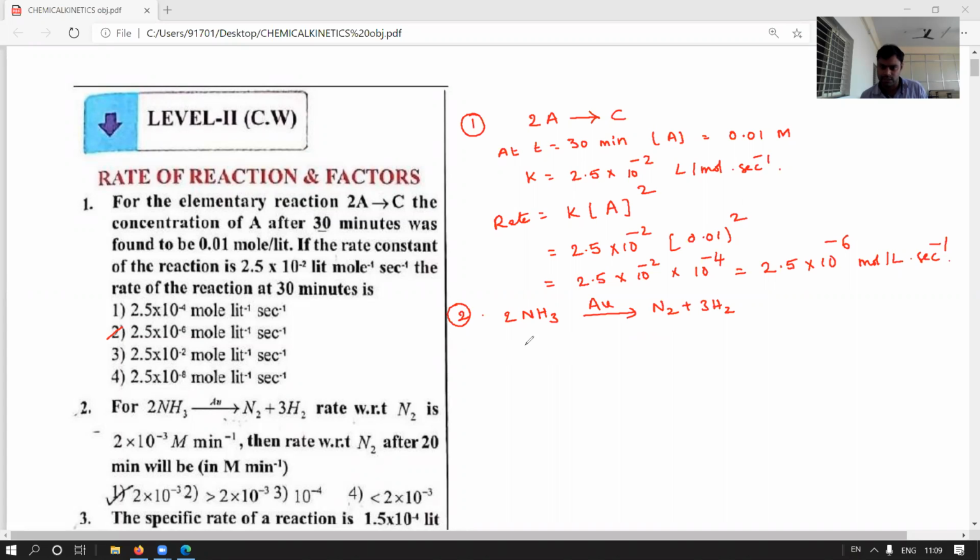For zero order reactions, the rate is equal to k. That means the rate is constant. The rate does not change with time.